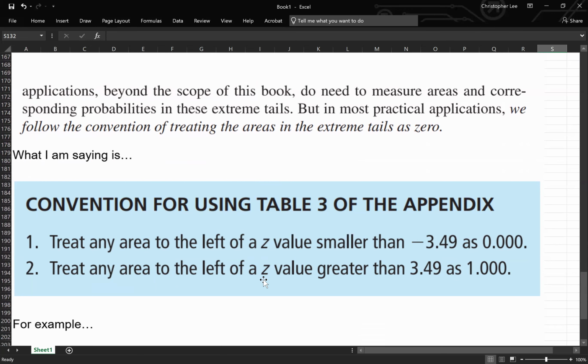Treat any area to the left of a z value greater than 3.49 as 1.00. Is that for every table? For our normal distribution table. And let's pretend for a second that we're on the test and we forget this. Where do you think the answer is? Exactly.